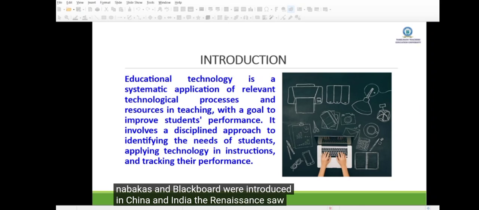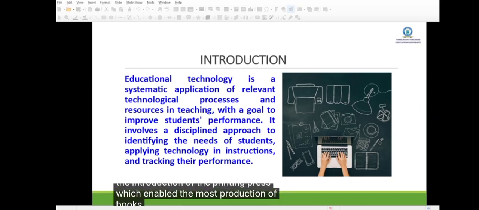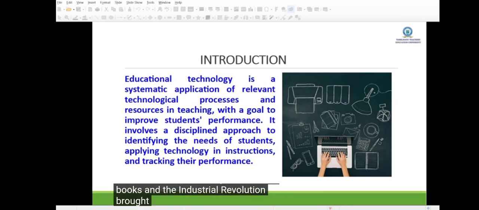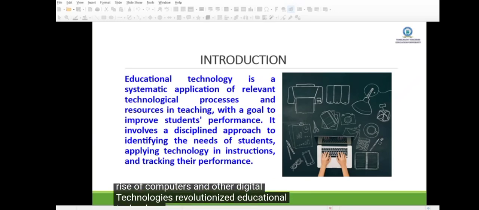The Renaissance saw the introduction of the printing press, which enabled the mass production of books, and the Industrial Revolution brought further advances in technology, including the use of steam engines and the telegraph. In the 20th century, the rise of computers and other digital technologies revolutionized educational technology.